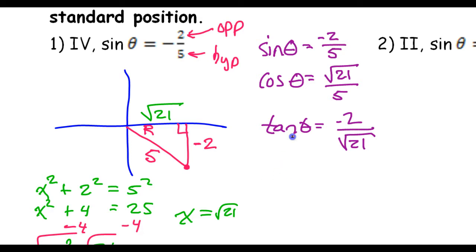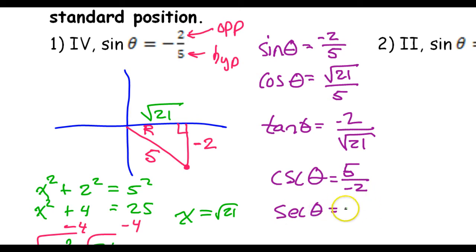All right, now we'll do the reciprocal trig functions. The reciprocal of sine is cosecant. So cosecant will be the reciprocal of this, so that'll be 5 over negative 2. And the reciprocal of cosine is secant, so that's going to be 5 over radical 21.